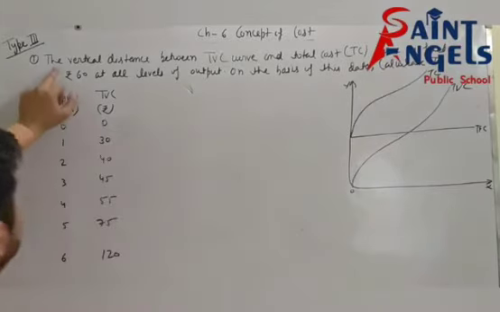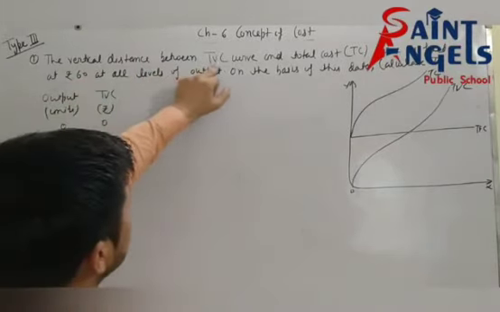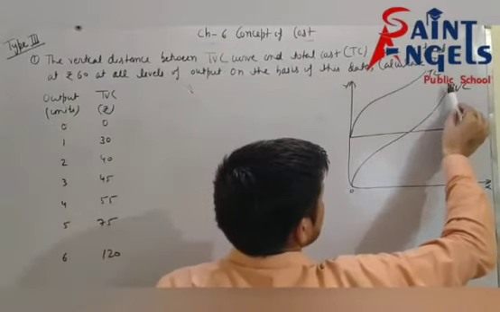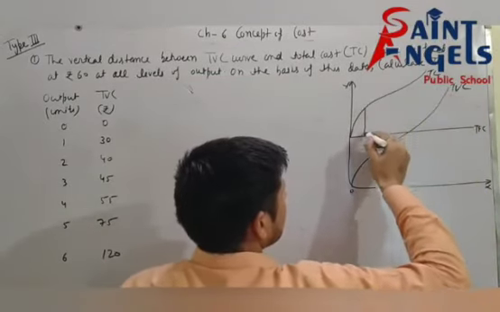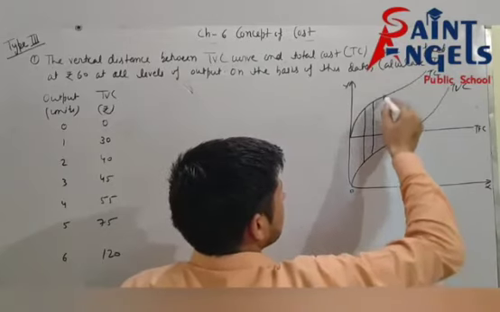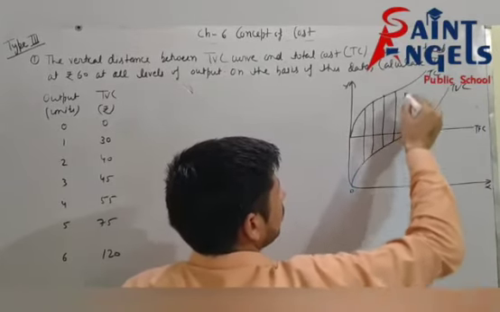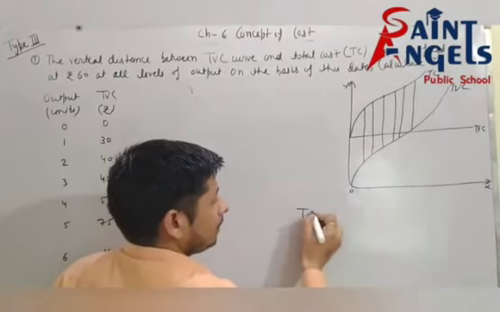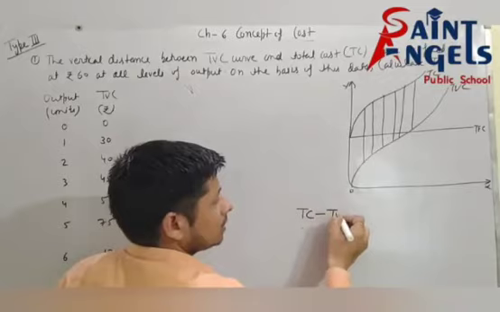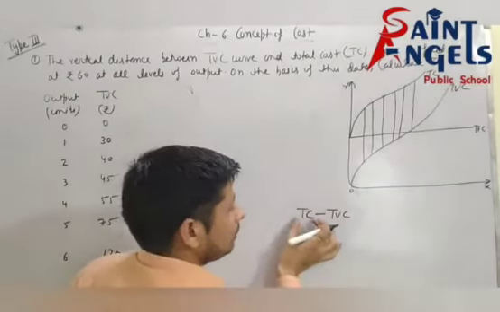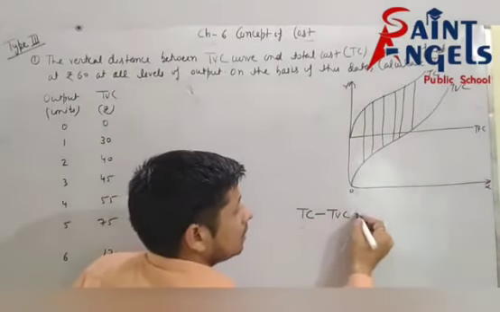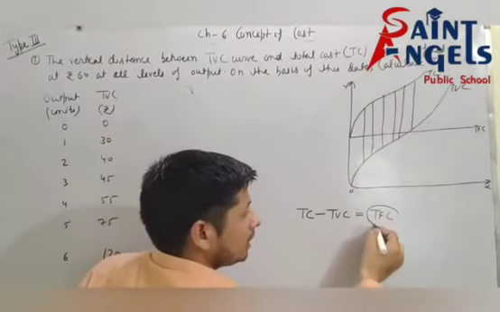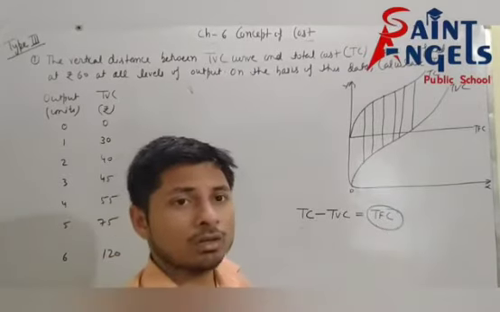The vertical distance between the TVC curve and total cost remains the same. Always remember, the gap between TC and TVC is equal to TFC, and TFC remains constant at all levels of output.